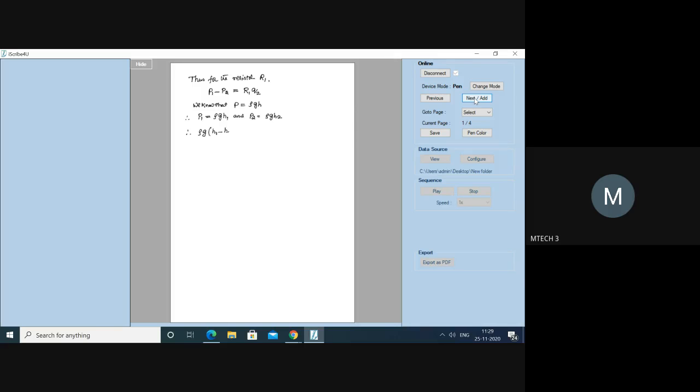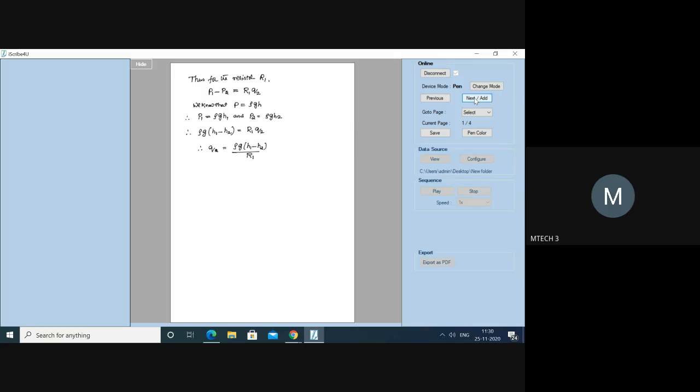H1 minus H2 will be equal to R1 into Q2. Is it clear? Therefore, Q2 is equal to rho g (H1 minus H2) divided by R1, similar to the previous one.